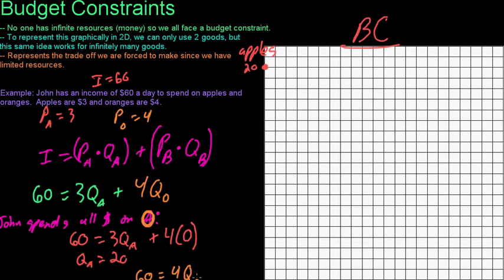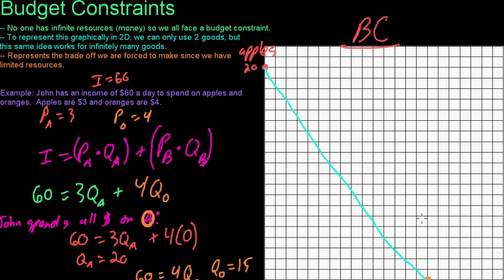And 60 divided by 4 is 15, so the quantity of oranges is equal to 15. If this is 22, this is 21, 20, 19, 18, 17, 16, 15. And then if we just connect these two lines, we have John's budget constraint.